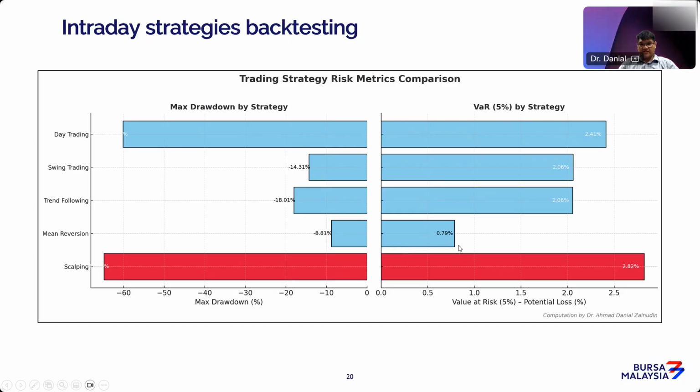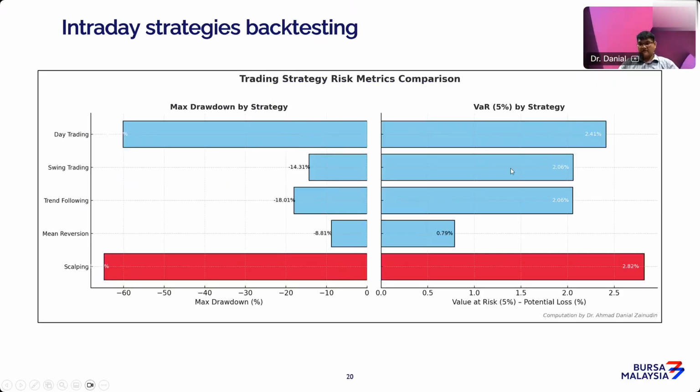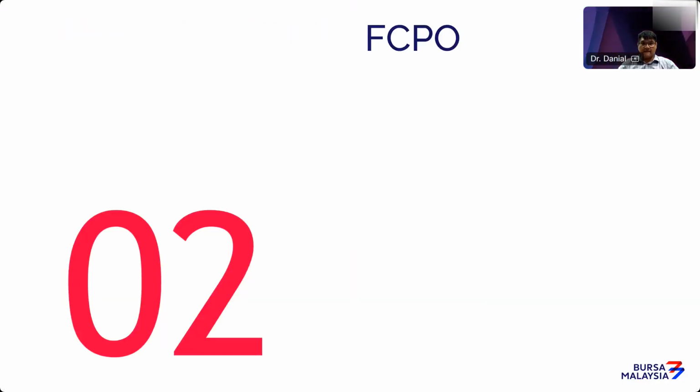Mean reversion is the one giving us the least. Although swing trading is the best one that worked out just now, the VaR, which is the maximum you can lose in 1 hour, is still, I would say, considerably high, which is 2% for 1 hour losses. So these are the things that you need to watch out for when you are trying to trade KLCI futures in an hourly setting. All right, that will be all for KLCI futures.